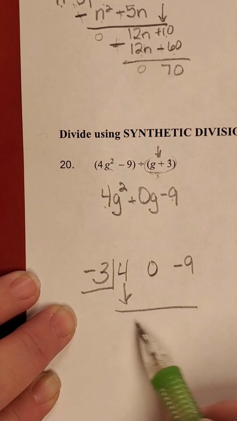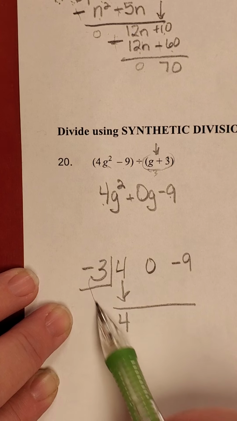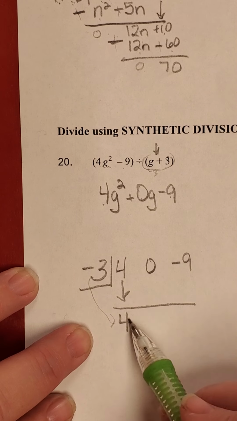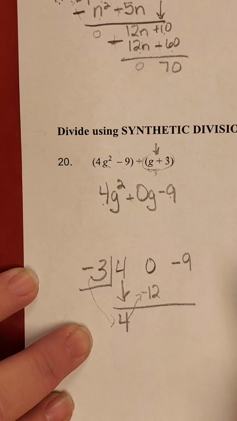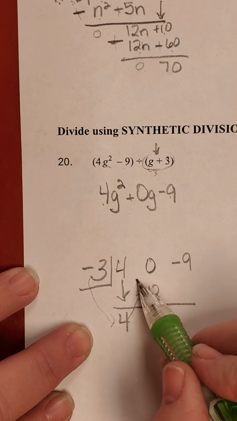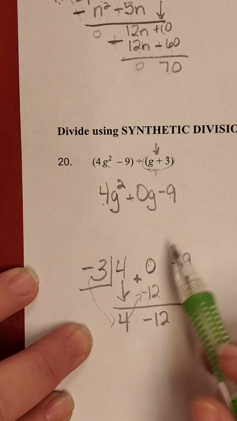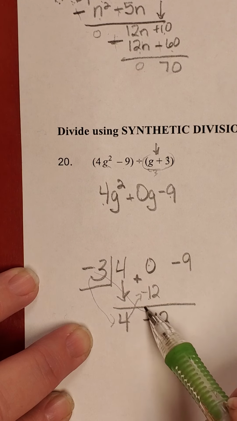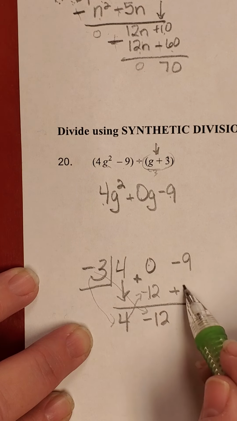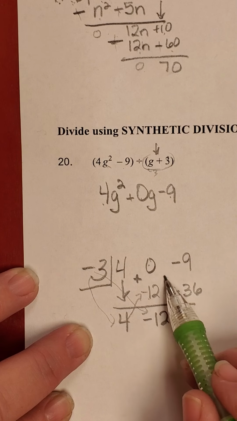You bring down the 4, right here, and you take negative 3 times 4, you get negative 12, you put it right there, negative 12, and then you add. So 0 plus negative 12 is a negative 12, and negative 3 times negative 12 is a positive 36. And again, we're going to add.